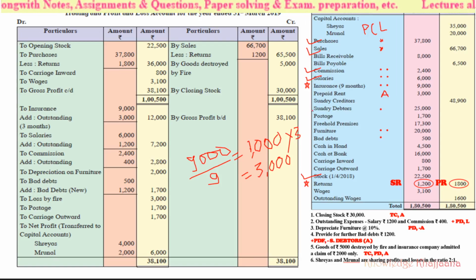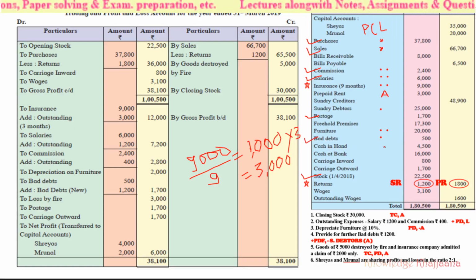Then postage of rupees 1700. Then freehold premises asset, furniture asset, bad debts of rupees 500.